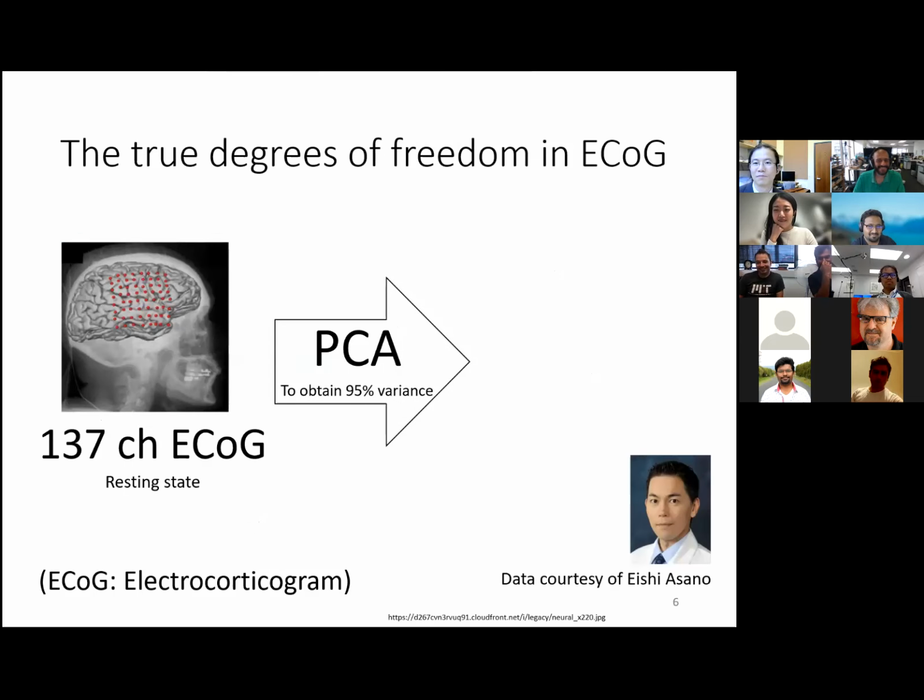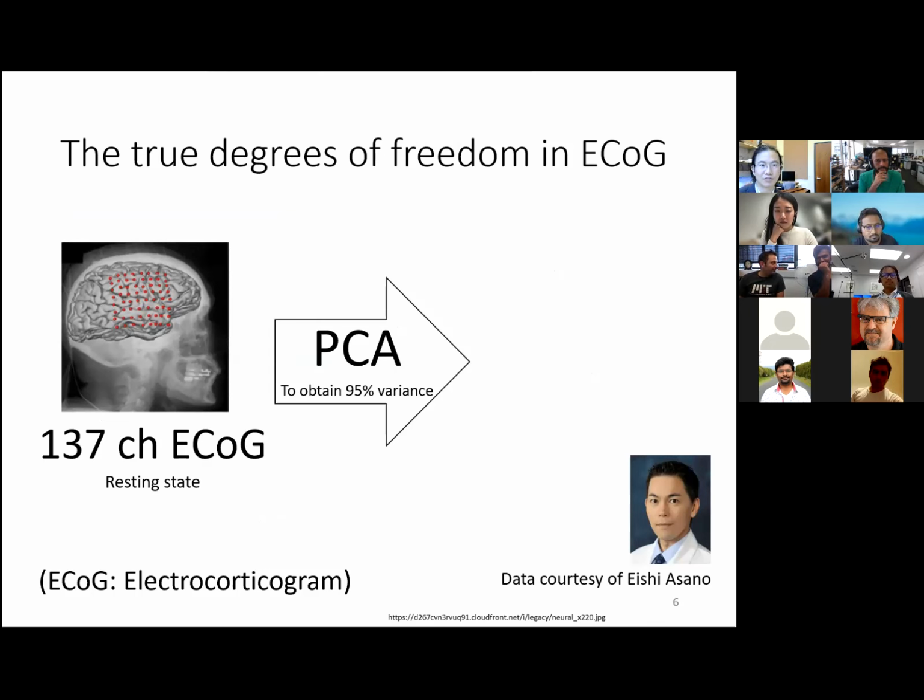Very simple. And I thought, okay, what about the case of the ECoG? ECoG is an electrocorticogram. So you implant the electrodes directly on the surface of the brain, or maybe dura, I don't know technically, but it's under the skull, okay? And I happen to have this data as well.